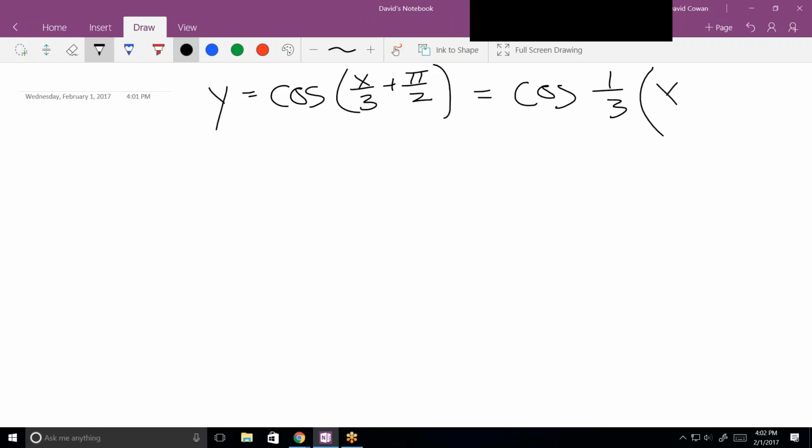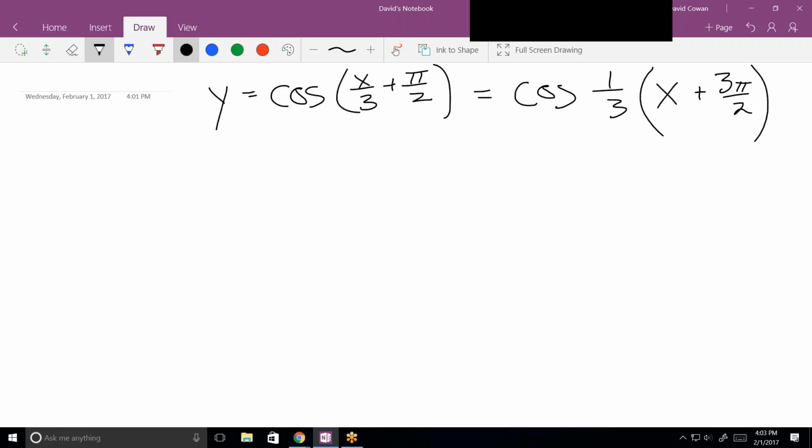Now I have x. What does this become instead of pi over 2? Pi over 6. You've got to make sure that when you put it back together again, it ends up being pi over 2. So it's got to be 3 pi over 2. Notice that they're now equal.